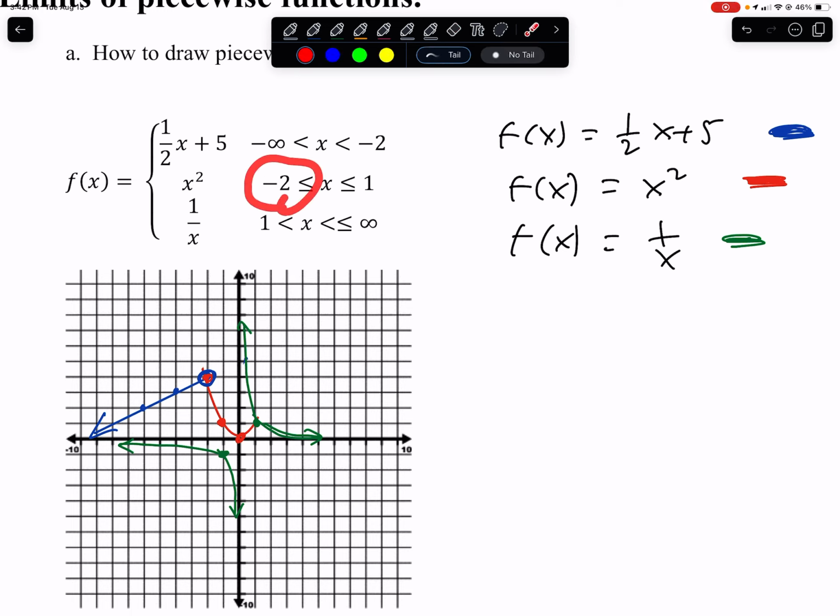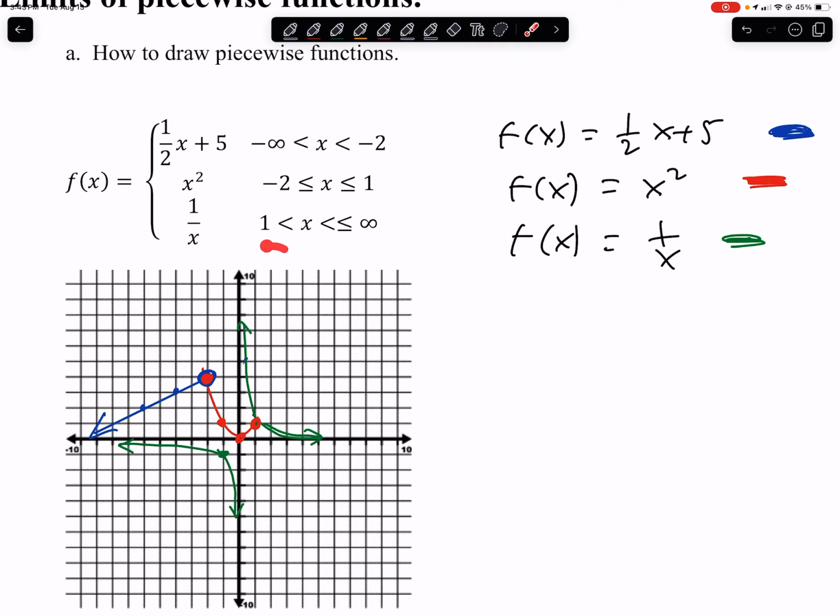At -2 and at 1, the function exists at both those, so I am going to color them in. At -2, I want a solid dot there. And at 1, I want a solid dot there. So the red graph represents x squared from -2 to 1, including the endpoints.